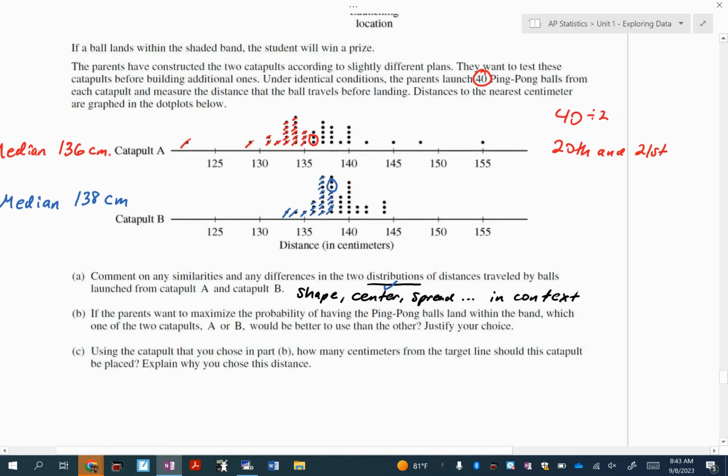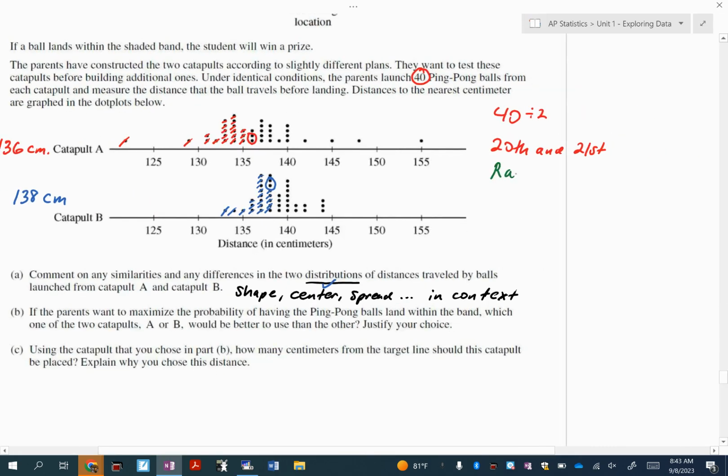So what is my range for catapult A? 155 minus, what do you think that is? Well, I think 122. But you could say 123. It's not that big a deal. So what's 155 minus 122? 33 centimeters. And again, if you put 32 centimeters, it's okay.